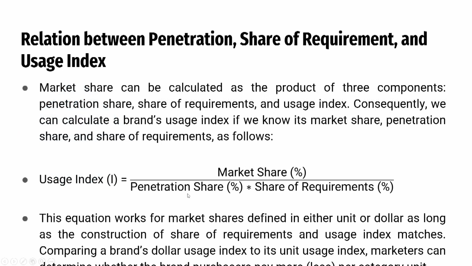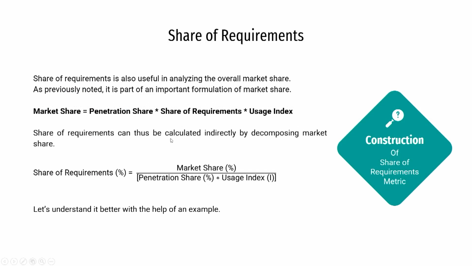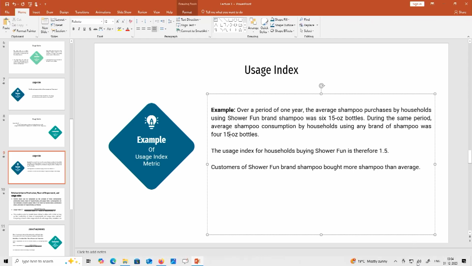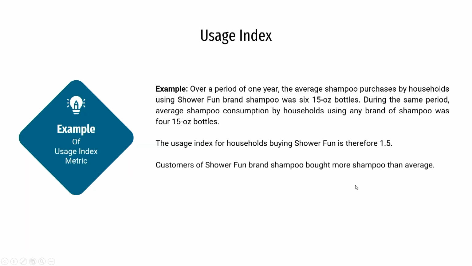Now, what will be the usage index? In the case of the brand it is 6 and in the case of the overall market it is 4. So, the usage index is 6 divided by 4, that is 1.5, which means that customers of Shower Fun brand shampoo bought more shampoo than the average customers of shampoo users.